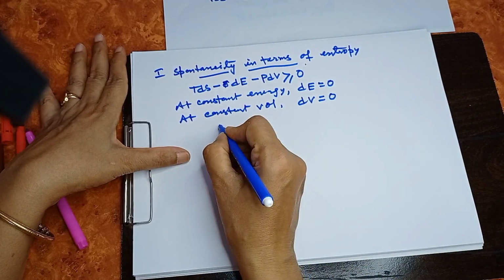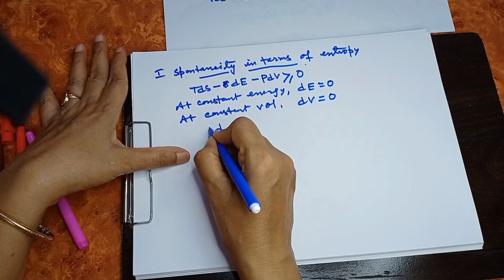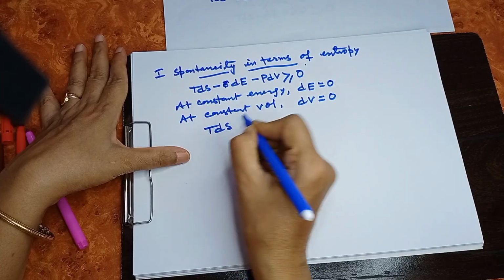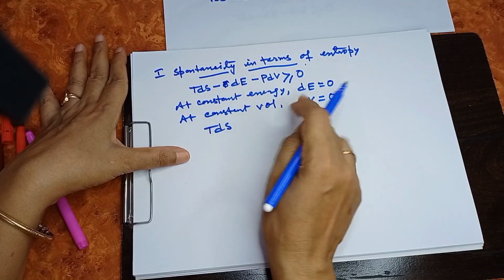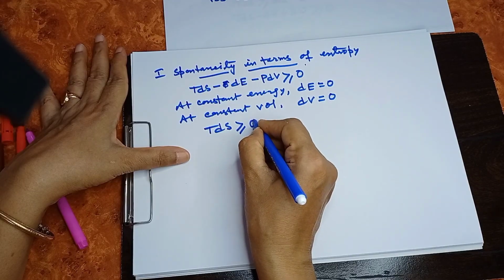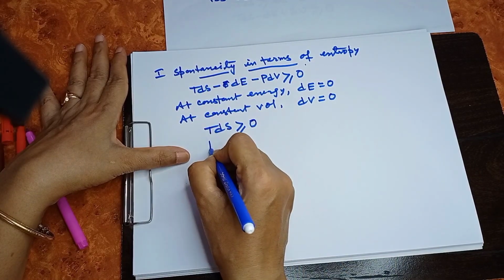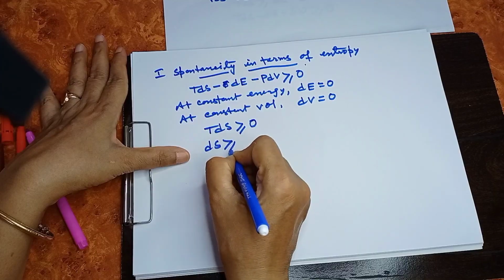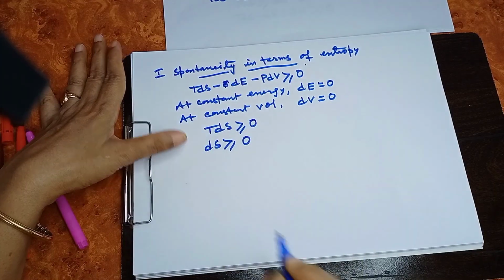So under this condition TdS is greater than or equal to 0. So dS is greater than or equal to 0.